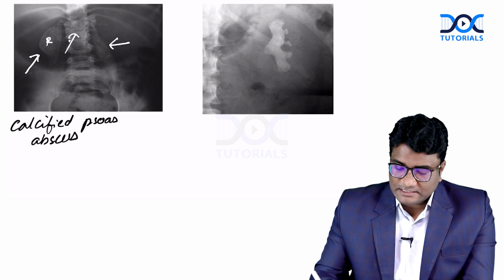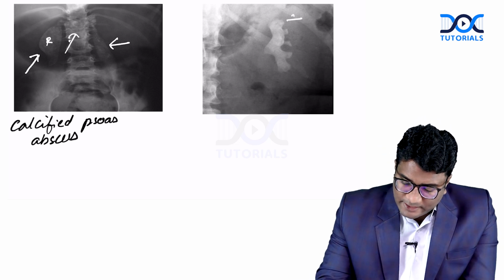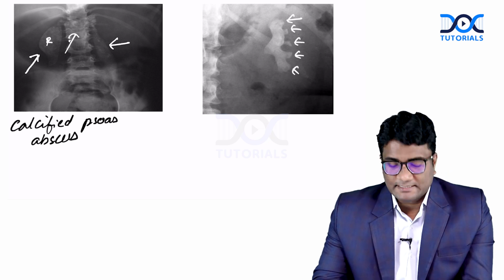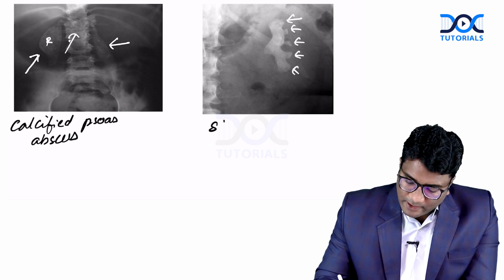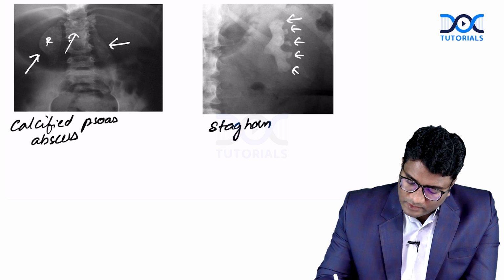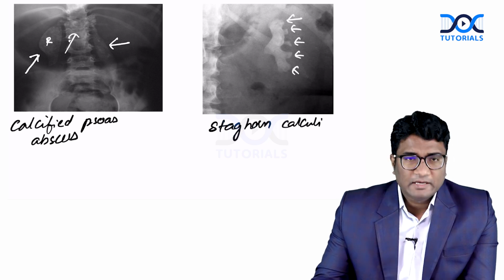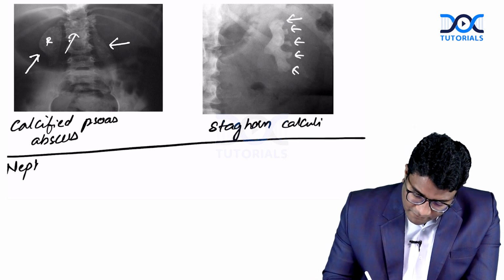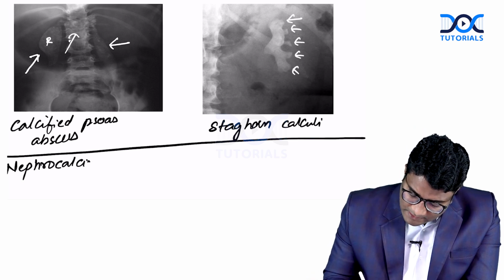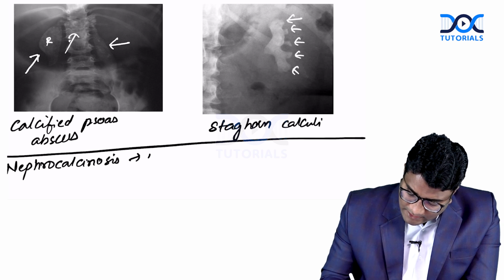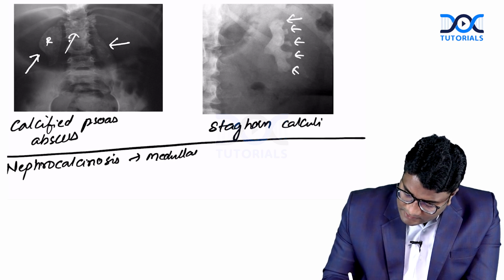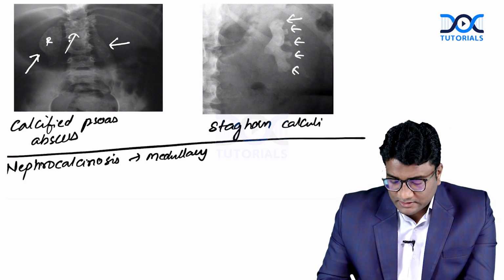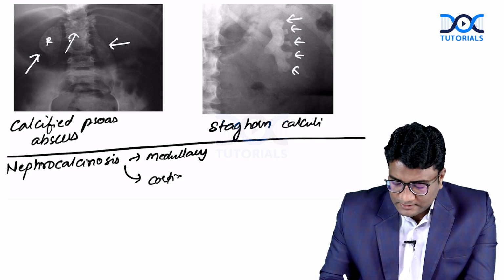And if you see calcifications extending into the pelvicalyceal system, taking the shape of the pelvicalyceal system, this is a staghorn calculus. And nephrocalcinosis, that is calcification in the parenchyma of the kidney, can be medullary nephrocalcinosis, which is usual, and can also be cortical nephrocalcinosis.